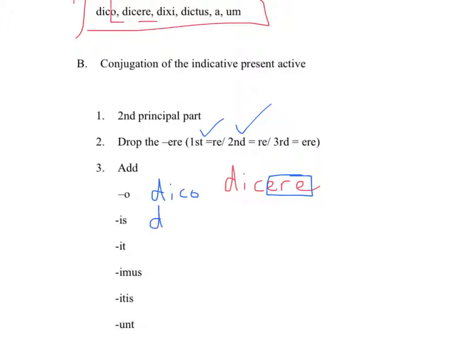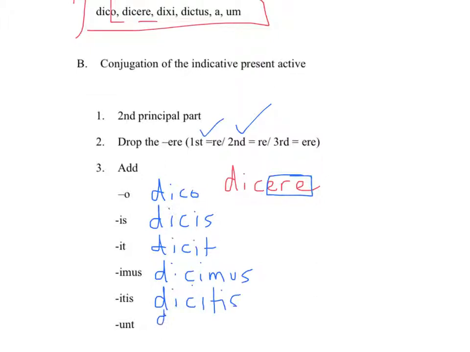Dico, dicis, dicit, dicimus, dicitis, and then just dicunt. This is not exactly the same as it was for the first and second conjugation, so you've got to memorize this paradigm, which is a model. A paradigm is a model.